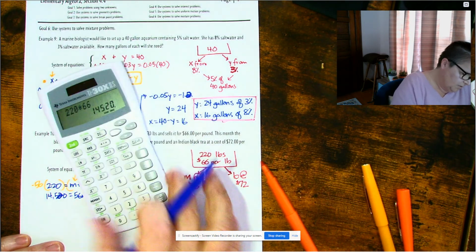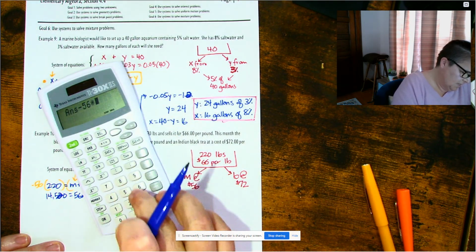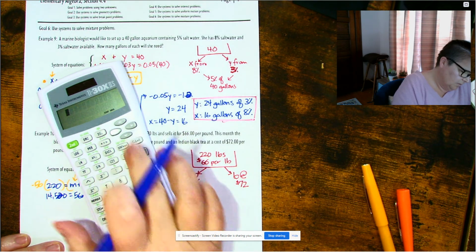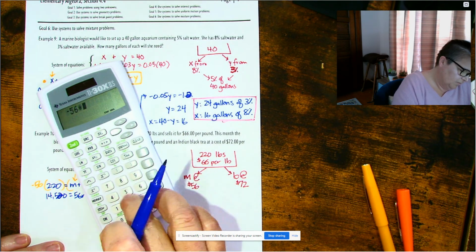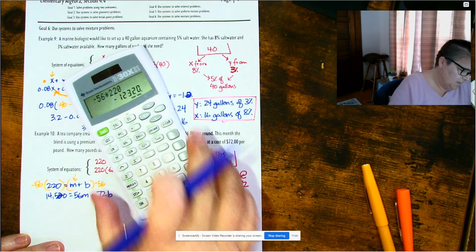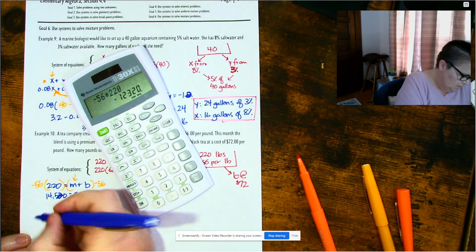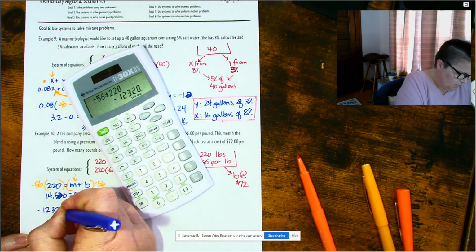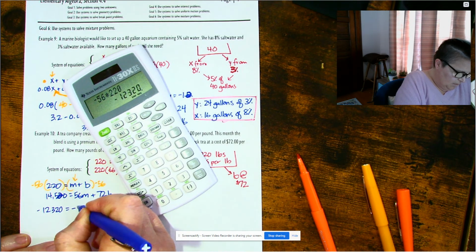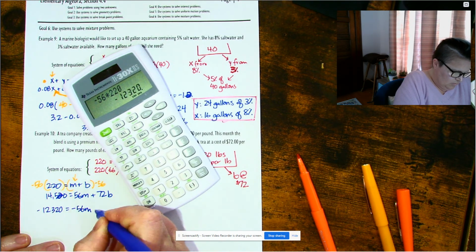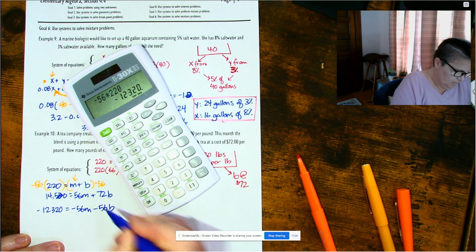Right? So I'm going to do negative 56 times 220. Get rid of that. Negative 56 times 220. It's going to be negative 12,320. It's going to equal negative 56M minus 56B.